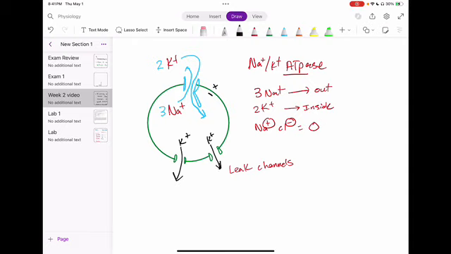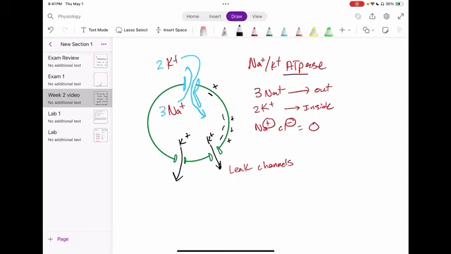Potassium uses these quite a bit to make its way through the cell, because the cell won't just accumulate potassium without ever moving. So as potassium comes in the cell, it moves back out, and because we have our positive charge there, it creates more of an electrical gradient.